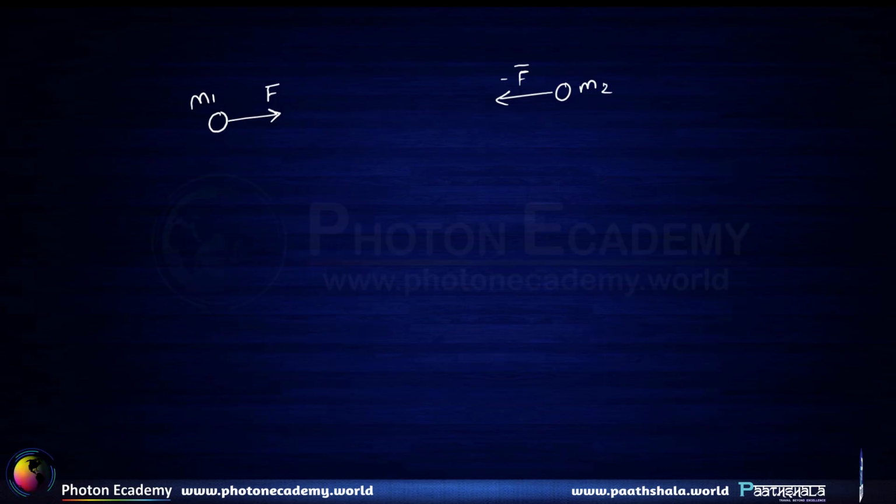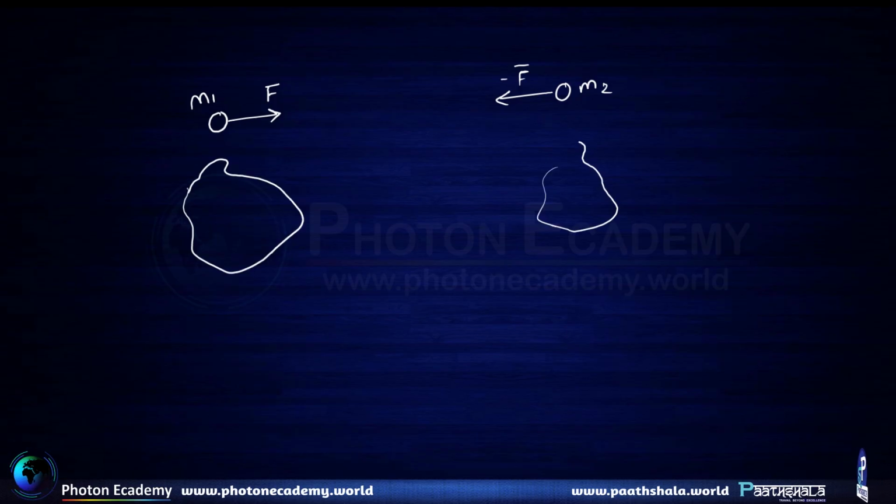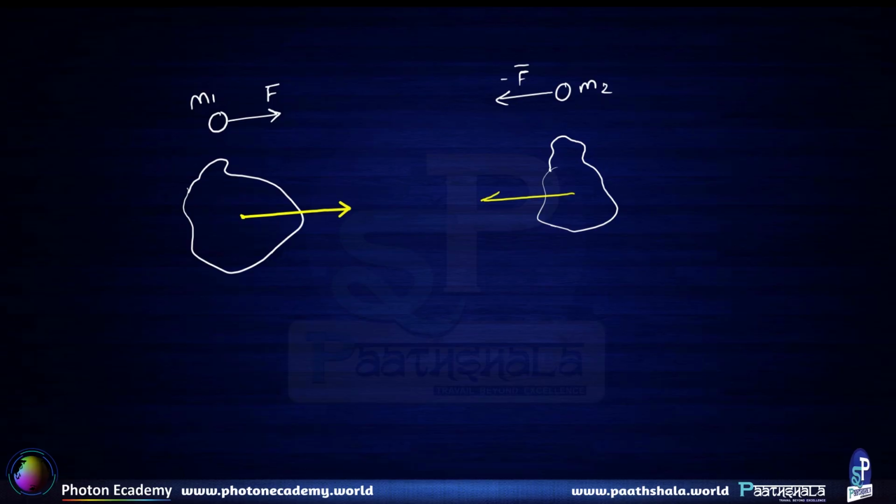Now if these two bodies are of random shape, then the gravitational force will act through the center of gravity. The point through which the gravitational force acts is called the center of gravity. So this is the center of gravity of object 1, and the center of gravity of object 2. Center of gravity is not exactly the same as center of mass. This is a point to note.